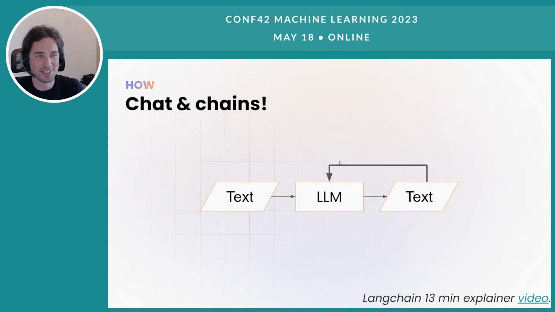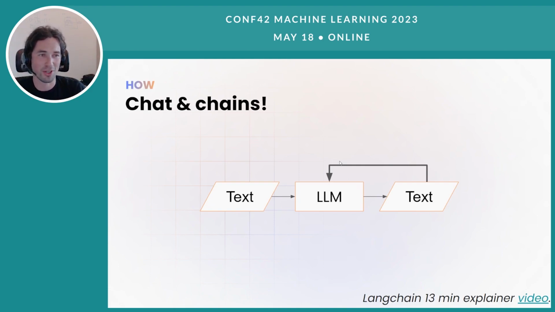Now, the next step that happened after people played with this very basic setup, right? I prompt you, you give me a response, cool. The next thing you can do is take that response and feed it back into the model, right? And that's where, for example, ChatGPT really took off, right? Because you had that sustained conversation back and forth.